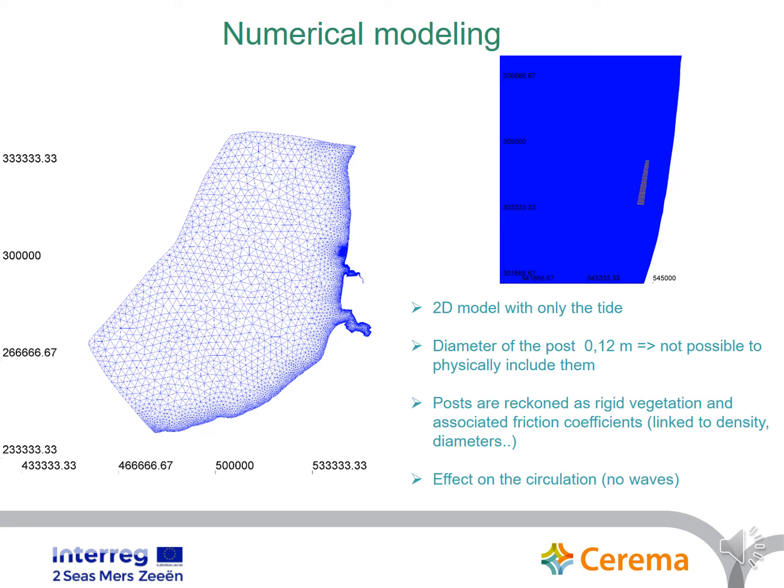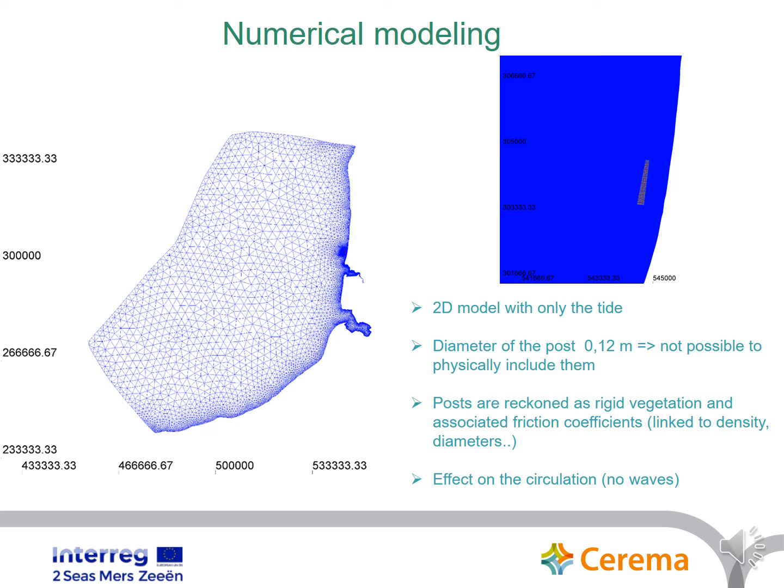For this configuration, we have also built a numerical model. It's a 2D numerical model where we consider only the tide influence. The diameter of the posts is quite small, about 12 centimeters, so it's not possible to physically include them inside a numerical model. As an alternative, we propose to represent the posts as rigid vegetation with a parametrization of the friction coefficient.